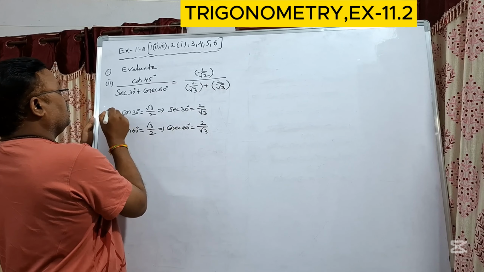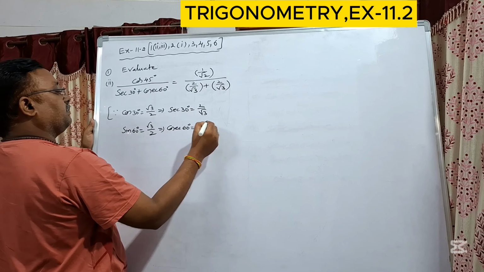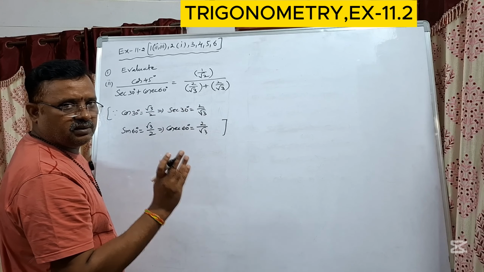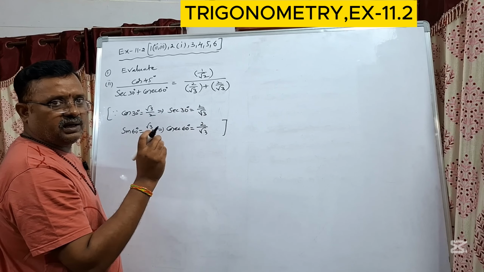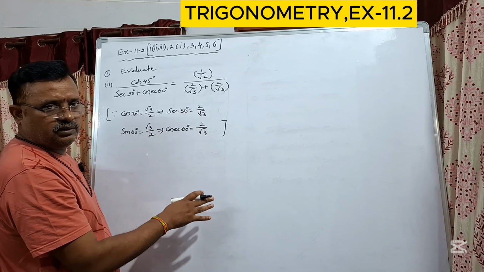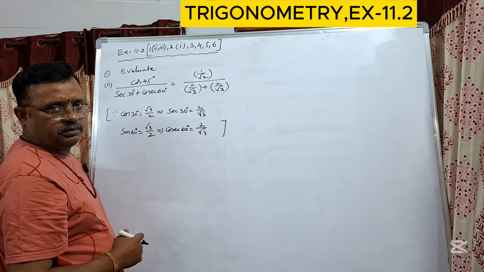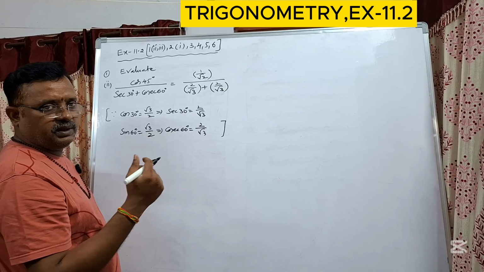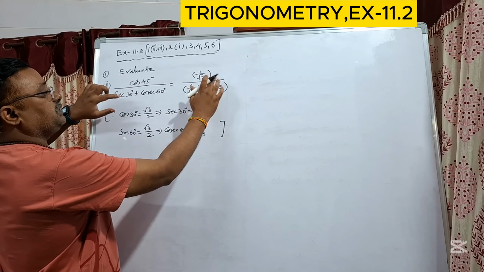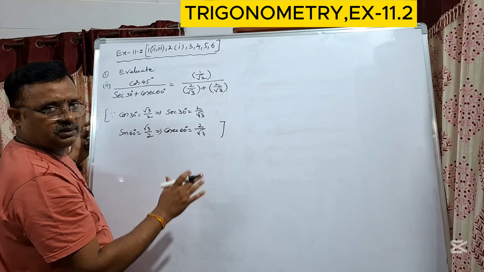For the first problem I am writing all the needed explanation. It is better to write every formula and every needed explanation in the solution from the public examination point of view. That will be beneficial to you. Now table values substitution is completed, we just need to simplify them.